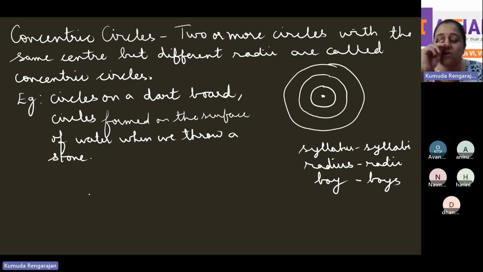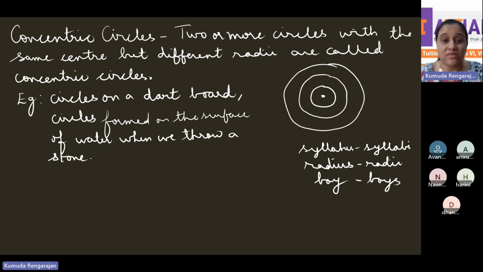So now, have you ever observed, children? Suppose you take a bucket of water, or a tray full of water, and throw a small object like a small stone on the surface of the water. You can see some ripples on the surface of the water.